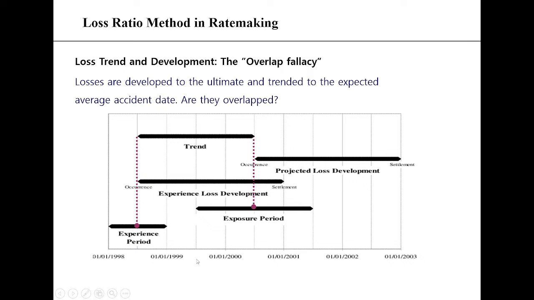Starting from there, and then here the exposure period means that my new premium, the future premium, will be effective probably here, January 1st, 1999, and that is a 1-year contract, and I'm gonna use it for 1 year.